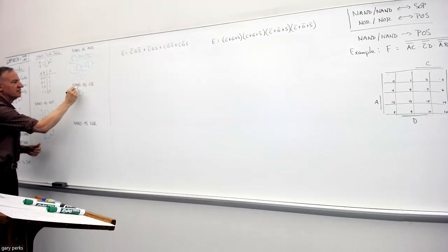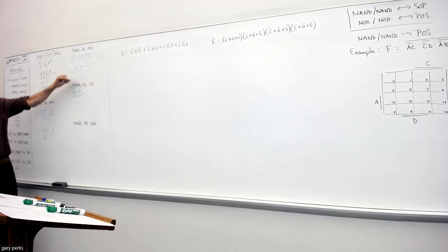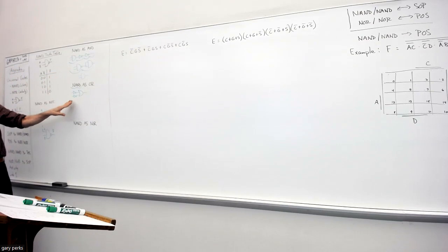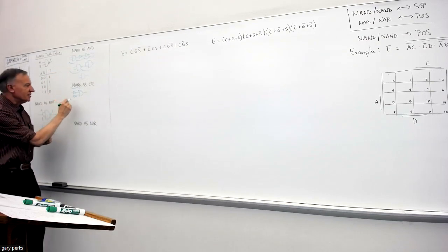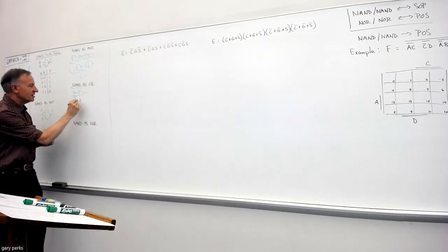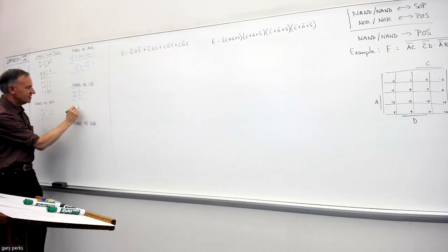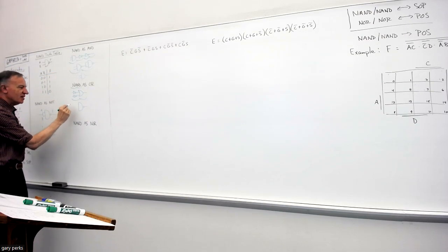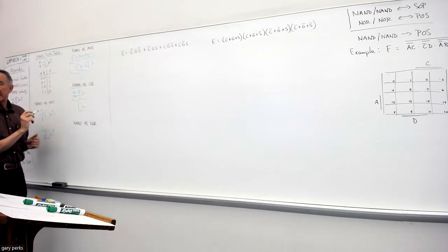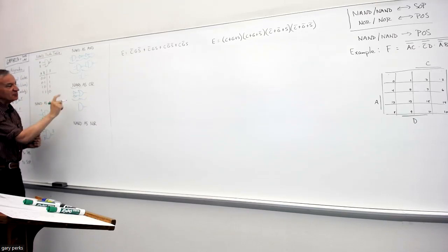De Morgan's tells us that a NAND is equal to this. Well, can you see that if I do this, this is a NAND here. If I put inverters on the input of this NAND, that's the same equivalence to this OR with inverted inputs. I essentially will cancel out those inverters at the input of the OR.